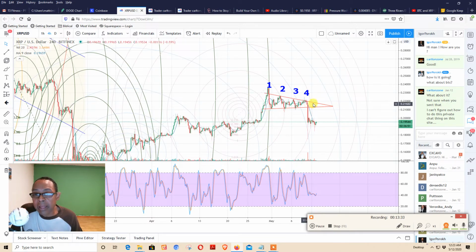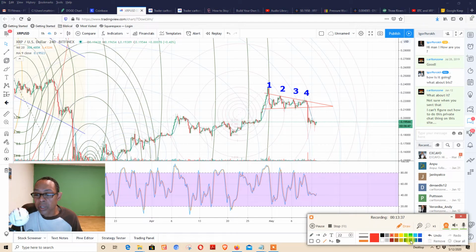They always break out before the end. And the possibility was, of course, a premature breakout here, jumping up towards that blue fib line or the light purple, or what happened, which is what we see, breaking out to the downside.